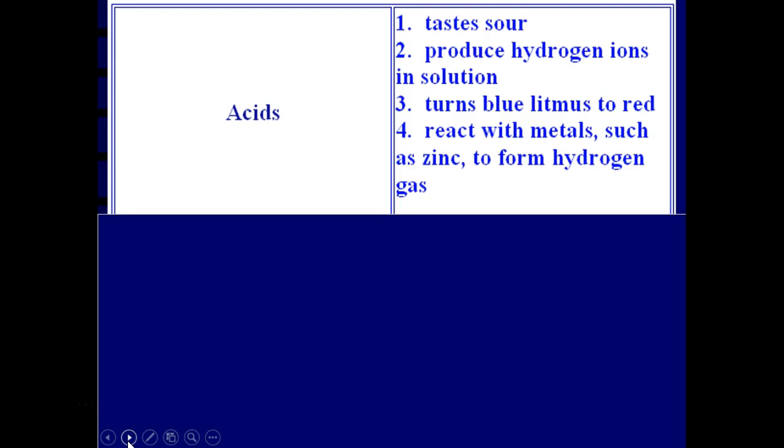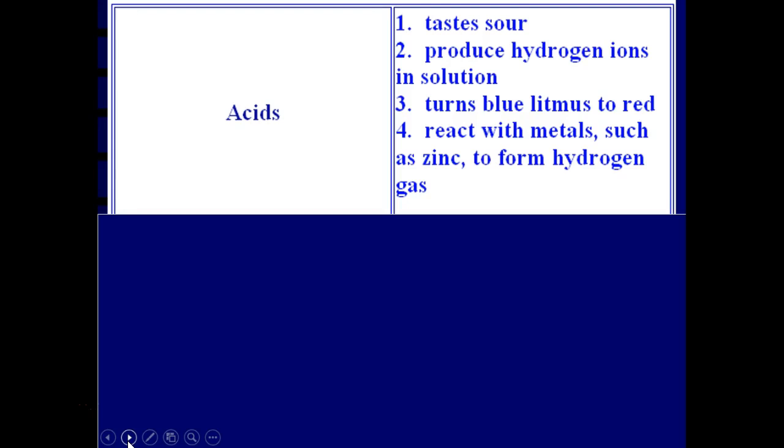Litmus paper has been around for a long, long time, and characteristically litmus paper will turn red in acids. In one of our labs, we'll actually do some testing. We'll use another plant pigment, and we'll indeed see that acids change the color of the plant pigment, and we can tell how acidic or how basic something is by the color change.